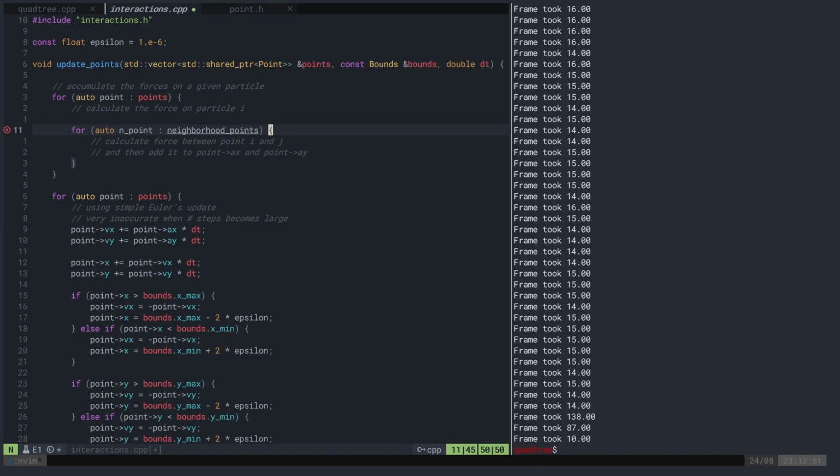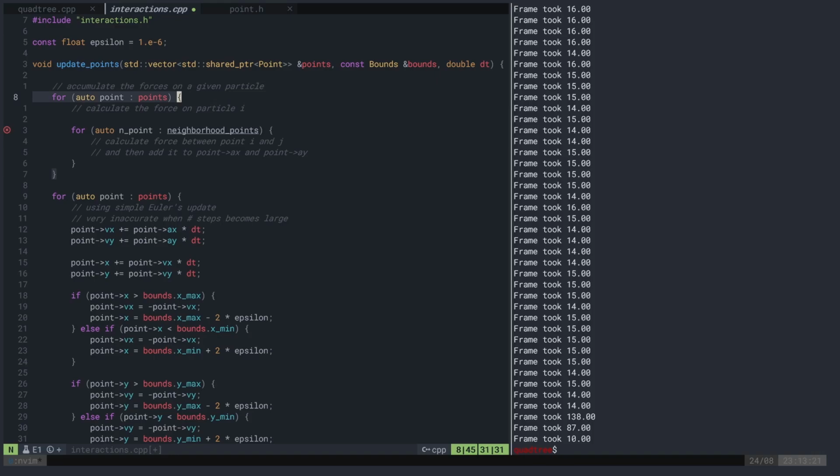So what you really want to do is, for each of the points, you figure out what neighborhood of points you're interested in, get all of those points within that neighborhood, and for each of the points in that neighborhood, you calculate the force using Coulomb's law, and then you add that force as an acceleration to the point's acceleration in the x and the y terms. Right, but the issue here is that let's say you're looping through this first list over here.